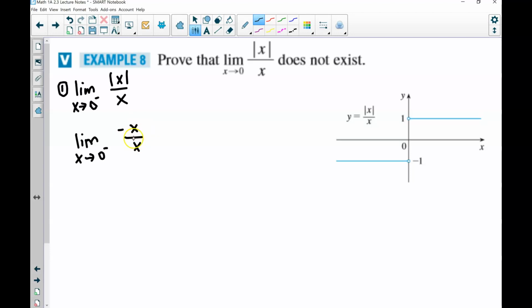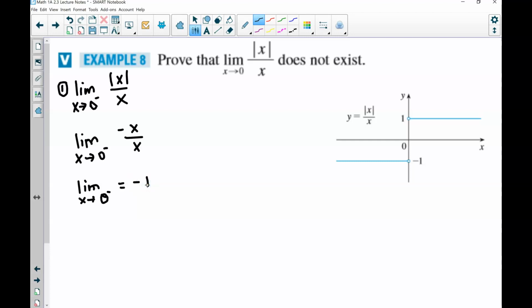Can we simplify this, meaning negative x divided by x? Technically, when we simplify that, it just equals negative 1.